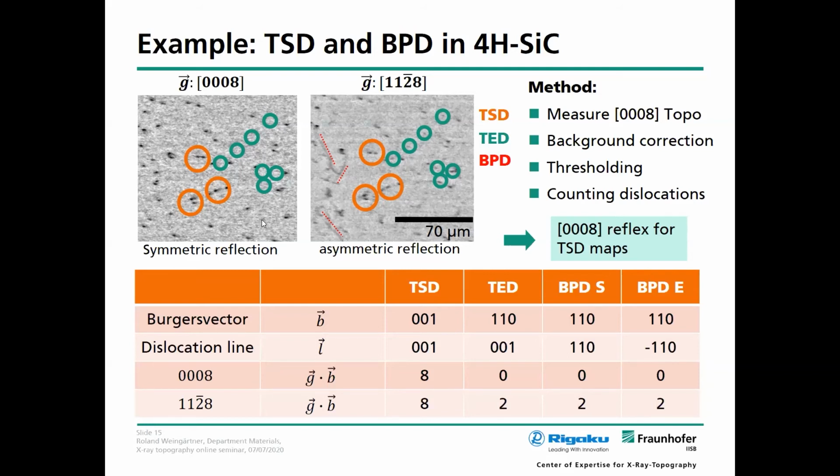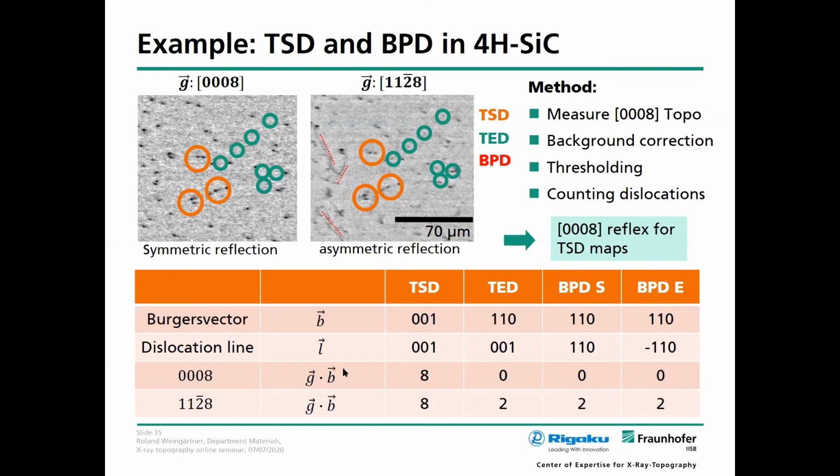And this is now important to identify. It is well known that the g dot b criterion helps you here. It means you have to look at which reflexes bend the lattice planes and which do not. This you can estimate with the g dot b criterion. Where it is 0, it means that you cannot see the respective dislocation.